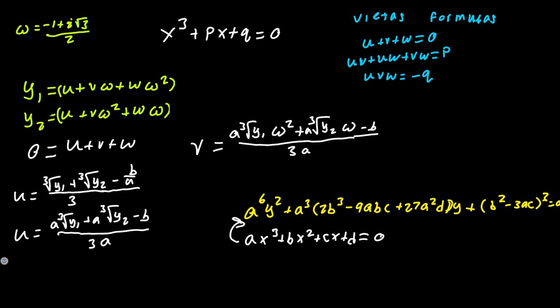To find w, you just follow the same process by eliminating everything else except w. And yeah, it's pretty much a lot of algebraic manipulation to get the resolvent, but it's still going to give us the solution regardless.